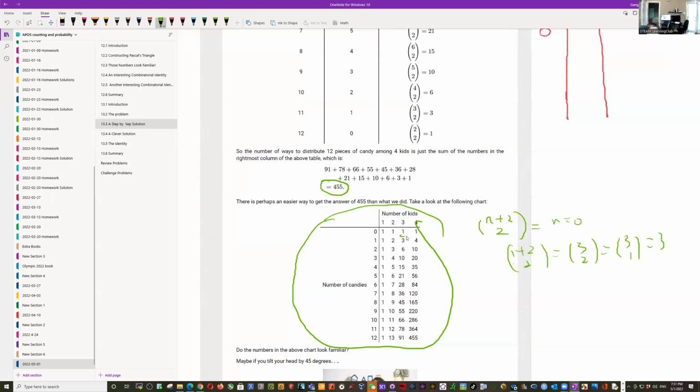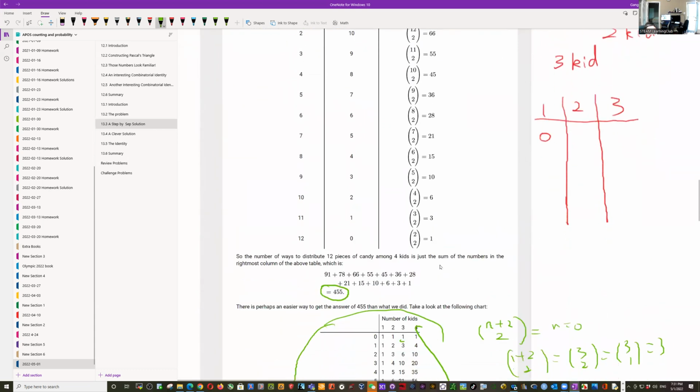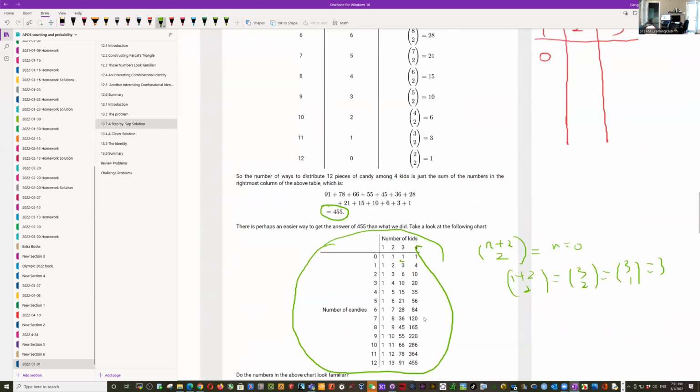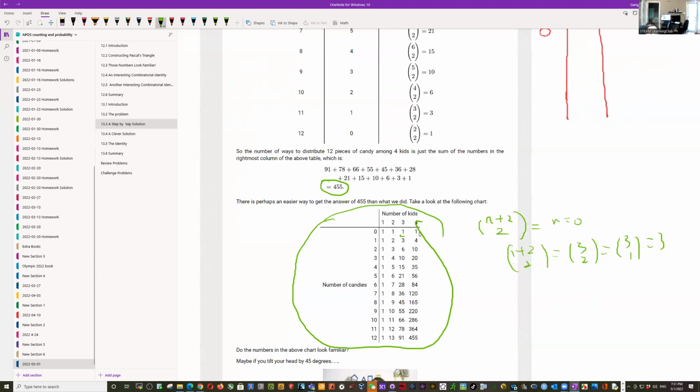So basically, you can just fill in here. And here, we already calculated 12. 12 basically is you adding this, then we can go back to 1. Try to fill this table.